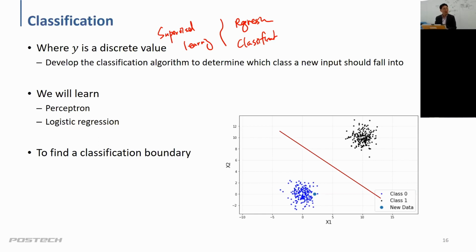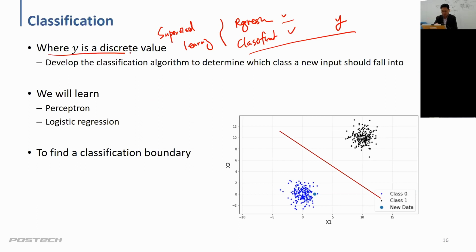We're trying to find the relationship between the input and outputs. The only difference between regression and classification: if y is continuous, it's a regression problem. If y is discrete, it's a classification problem.